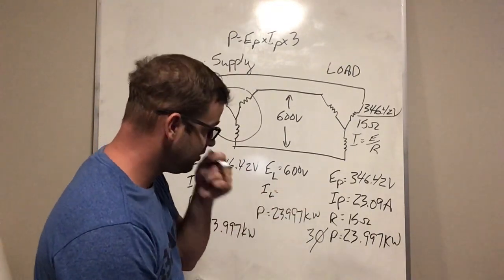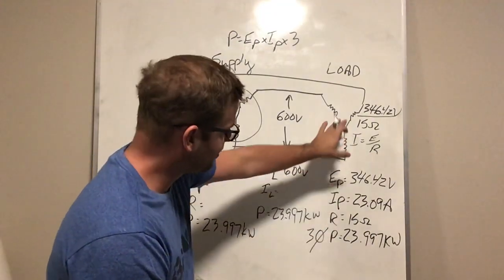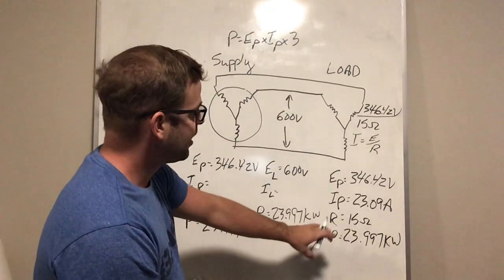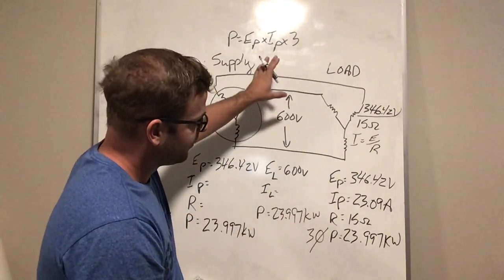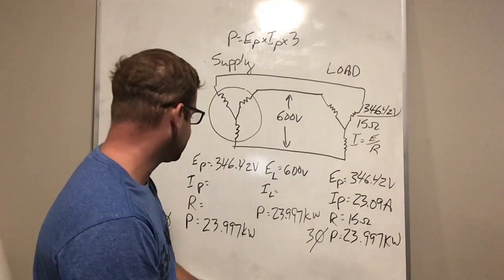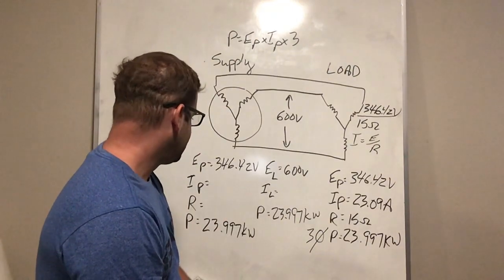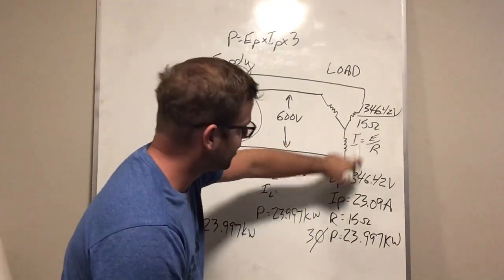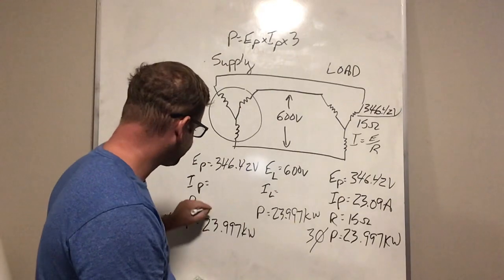And notice too, you don't have to use phase values to calculate that, but because all the information was here, that's what we used. We could have also used our line values, and I will show that in a second, just so you can see how that all works out. So I had 15 ohms, we can carry that information over.